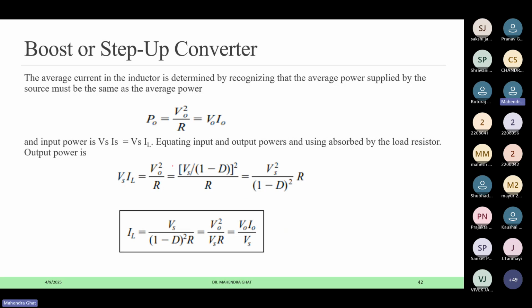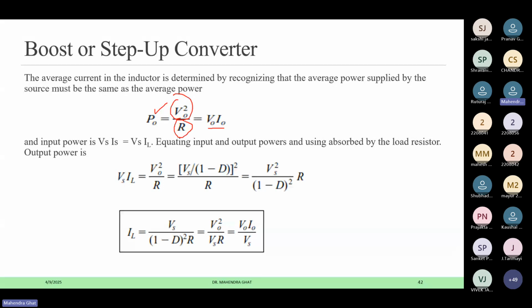Yes, sir. Some of the other equations we can derive simply by considering that the input power is equal to the output power. The output power PO is either VO into IO, where VO is the output voltage and IO is the output current, or VO square divided by R. These are the basic electrical equations for output power.